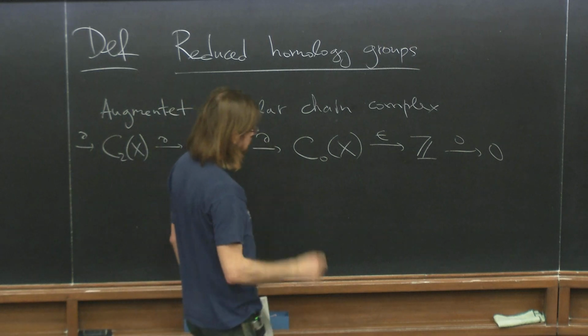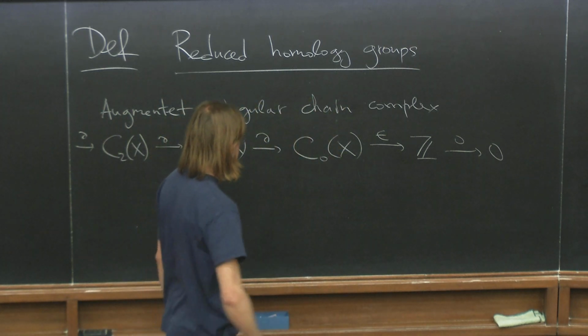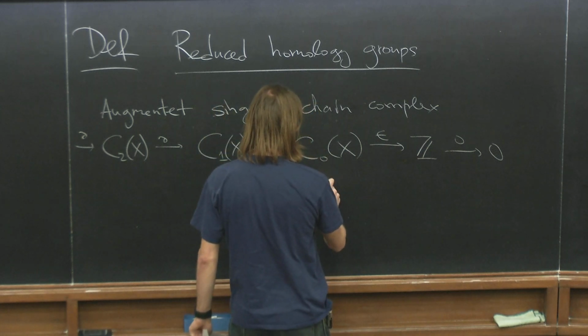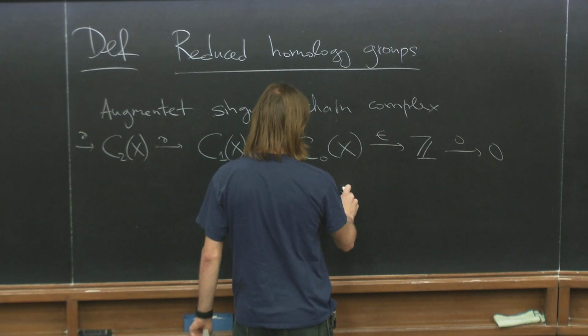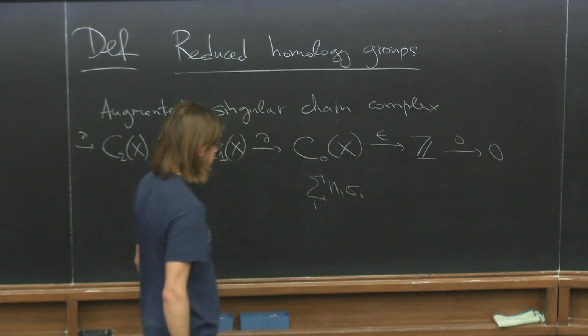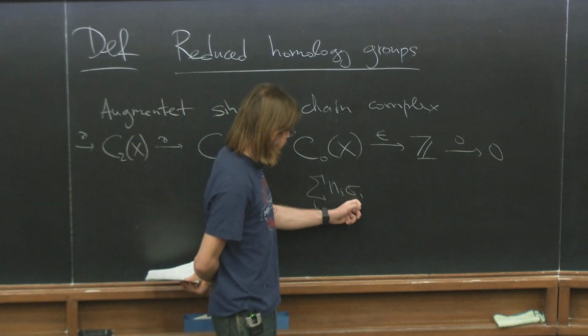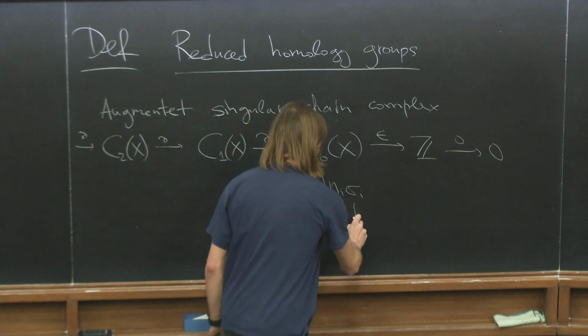Epsilon is defined as follows. An arbitrary element here can be represented by a linear combination of singular 0-simplices.